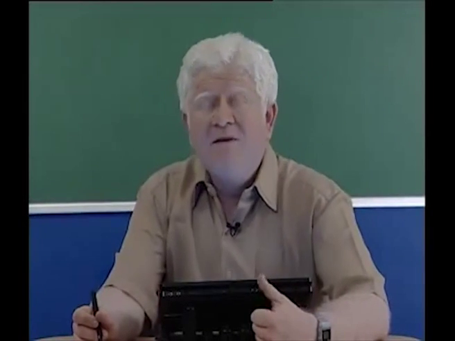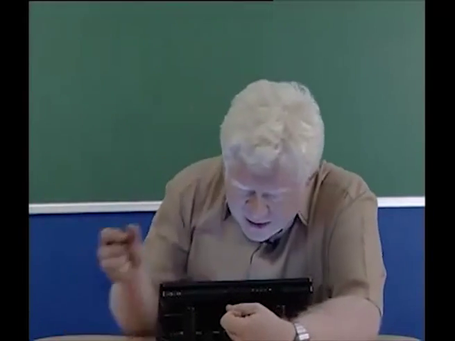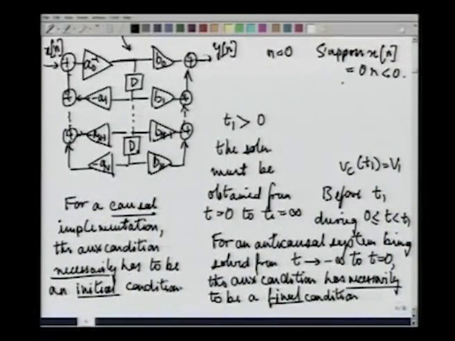Also, we say that all initial conditions are 0. That is, if this is y n, these are the earlier values we have over here. We also say that y n minus k equals 0 for k greater than 0. Then the delays over here all have 0 at their outputs, and there is no contribution through any of the summing points.